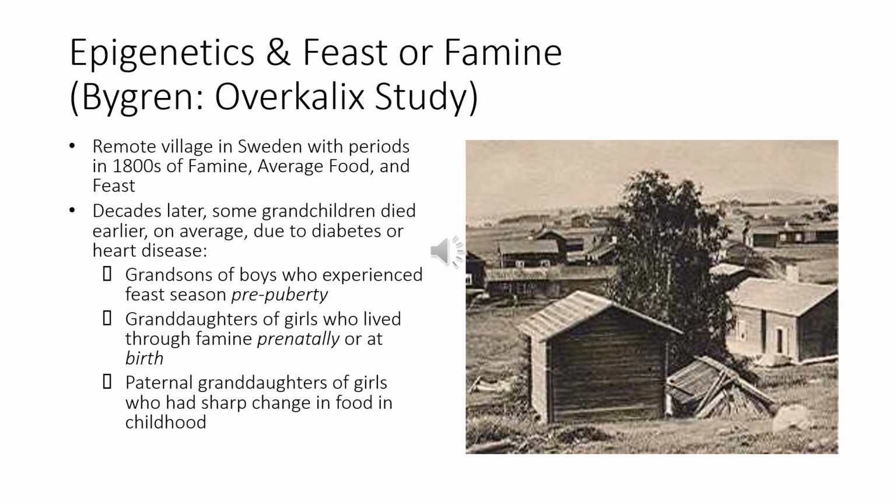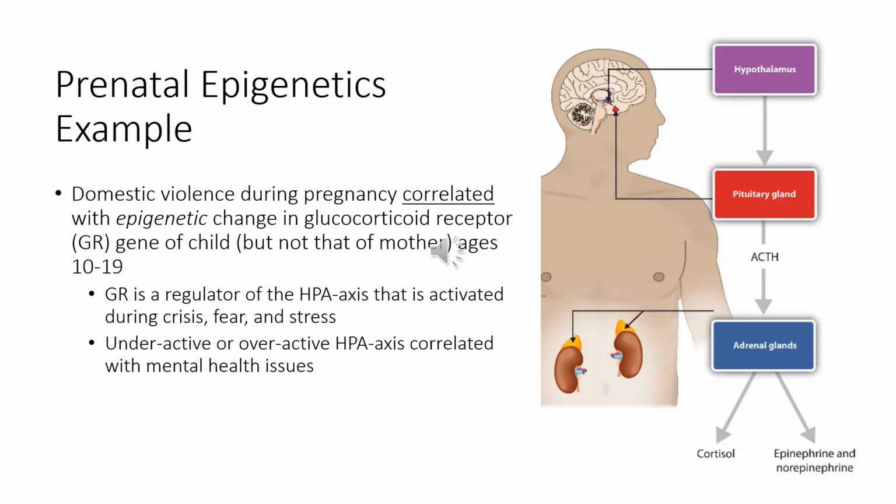And so this has made me wonder a lot about our current experience of obesity and how it is not only our current environment, but how maybe it's been influenced by the interactions with food of even our parents or grandparents. So we're going to be moving into prenatal development, and here's an example of epigenetics in prenatal development.